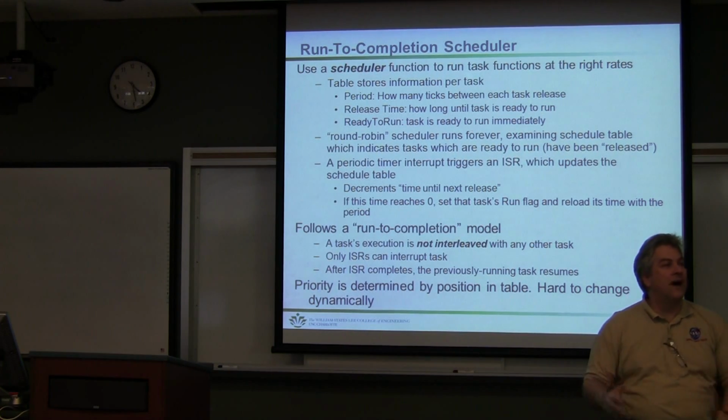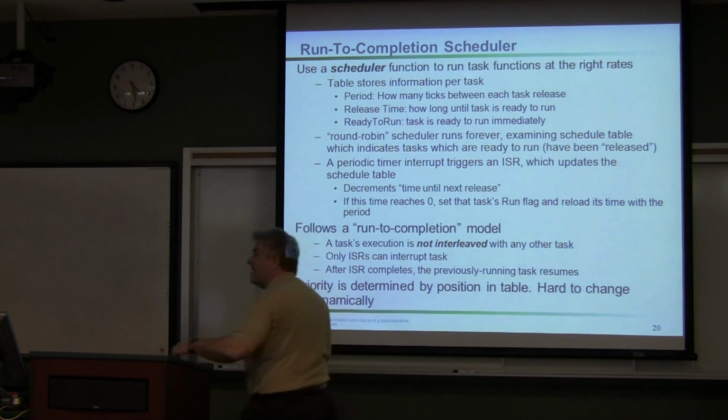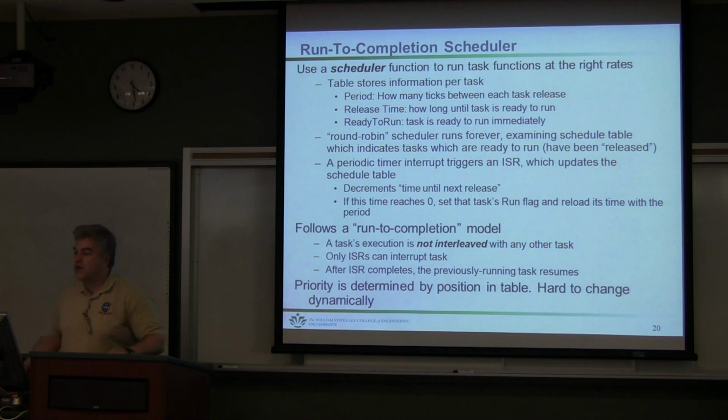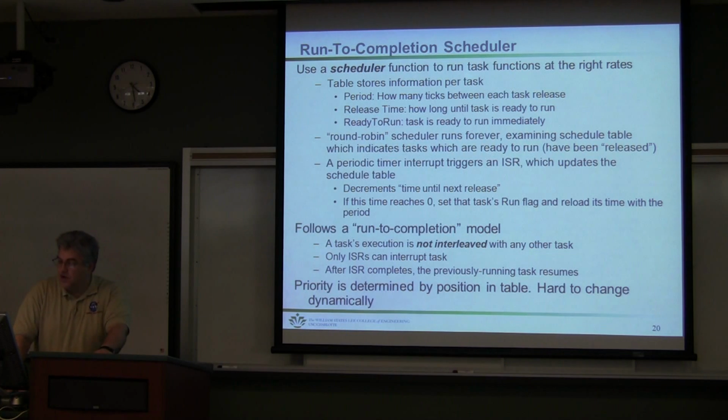This is a little bit more about operating systems in general. So we had a scheduler that did a run to completion. In other words, we had timer ticks between each task release. Round robin scheduler runs forever, and a periodic timer triggers an ISR which updates the schedule table.